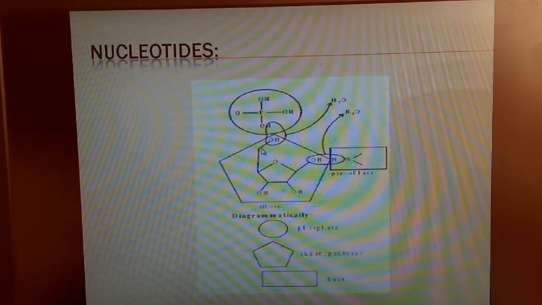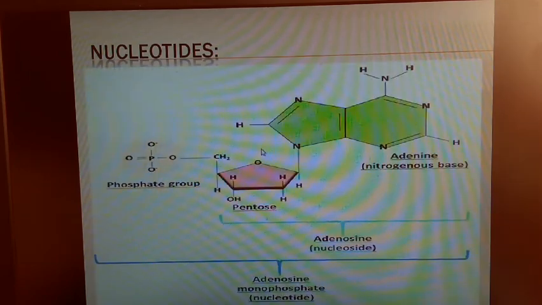O minus combines with the CH2 plus. You can observe here, CH2 plus combining with the O minus, and it is going to form a bond like this. I hope it is clear. This is our base which is forming a bond with the first carbon. And this is our phosphate group forming a bond with the fifth carbon.